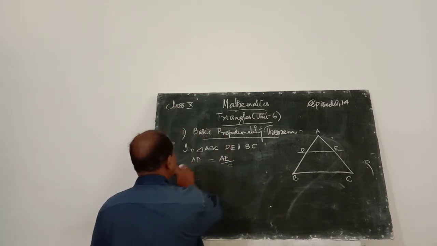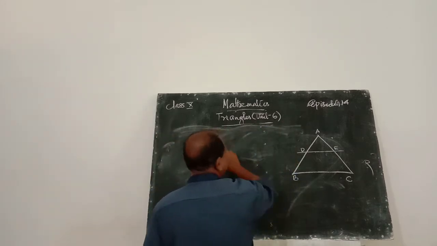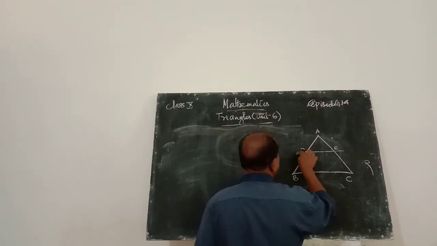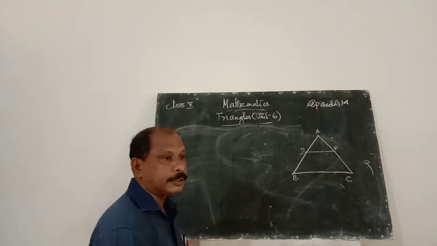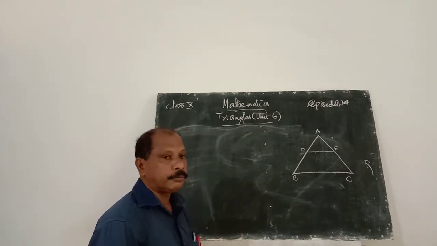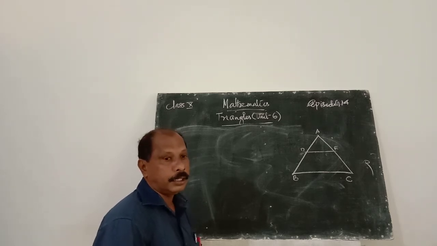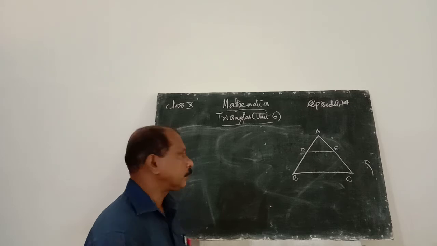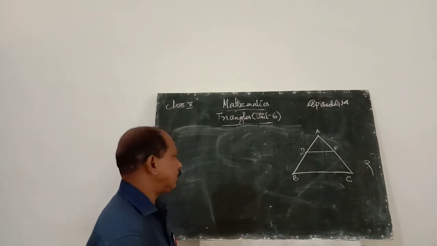For that, we have statement and proof. The statement: in triangle ABC, DE is parallel to BC, therefore we have to prove that AD by BD is equal to AE by CE. For that, let us consider some constructions.